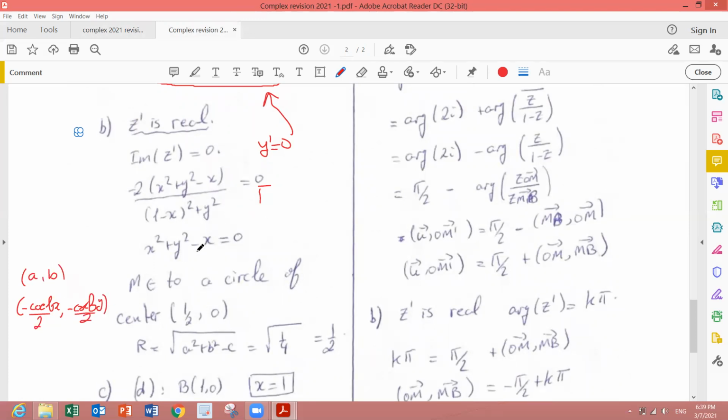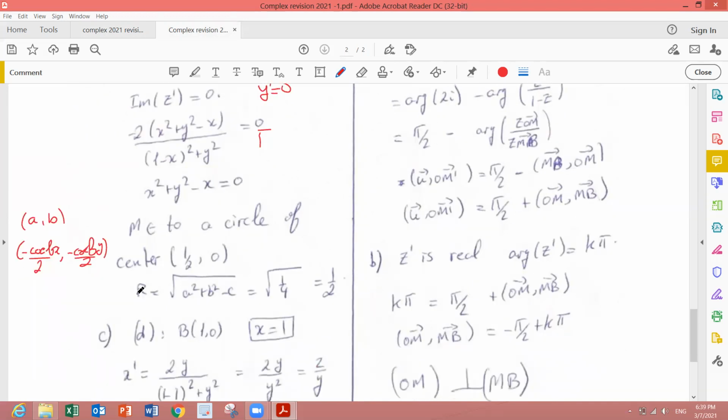So minus the coefficient of x over 2: minus 1 over minus 2 is half. Minus the coefficient of y is 0 over 2 is 0. So M belongs to a circle of center (half, 0). Radius is radical a squared plus b squared minus c. C here, no constant, C is 0.